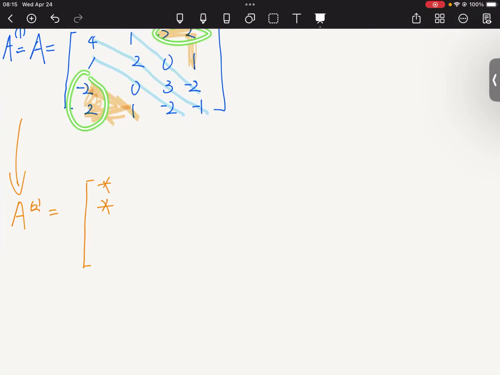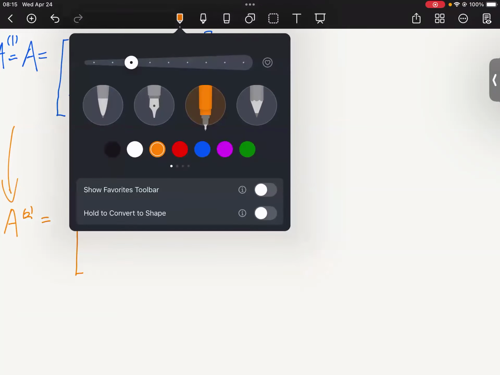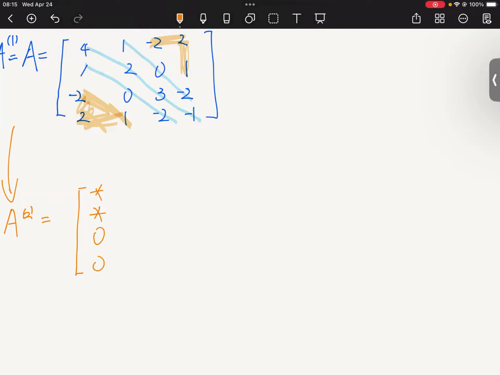This is so similar to what we have in Gaussian elimination, but we have some difference here. We want the things in the first column below the second element to be 0. And we also want the things in the first row, up to the second column, to be 0. And this is the desired product we want from the first iteration.